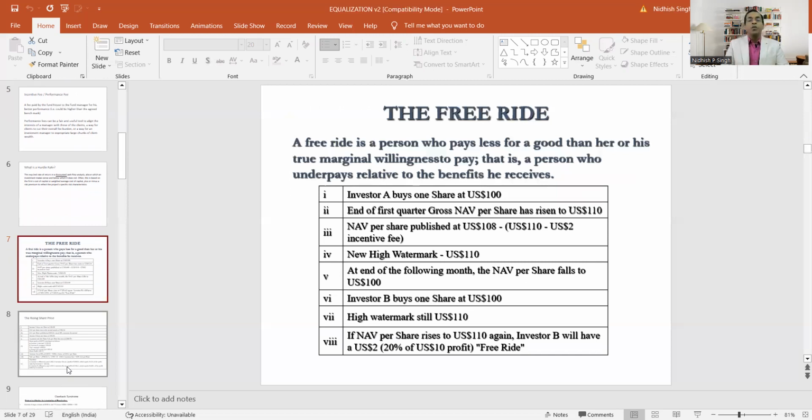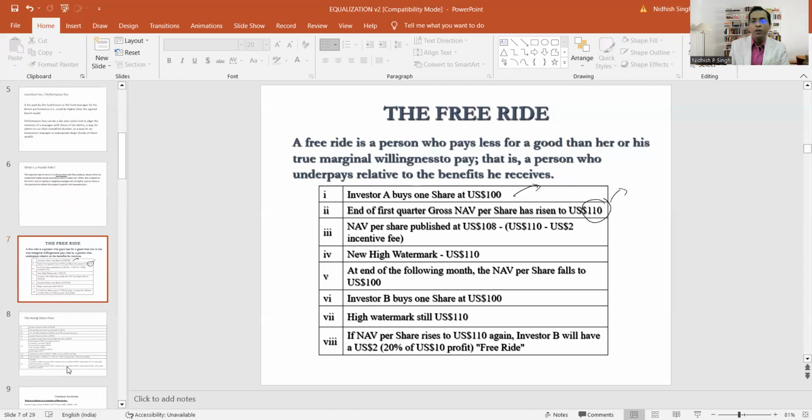So in this context, what is a free ride? In the world of equalization and profit distribution, this is something that the equalization method tries to address. Free ride is essentially when, imagine an investor buys a stock or a share in the fund at $100, and that reaches 110.